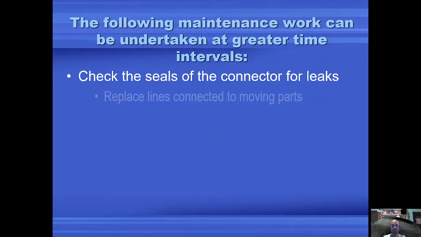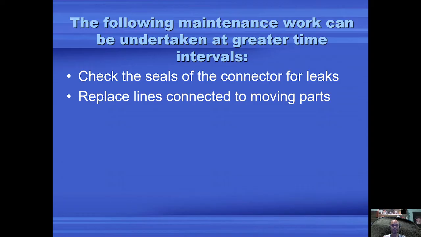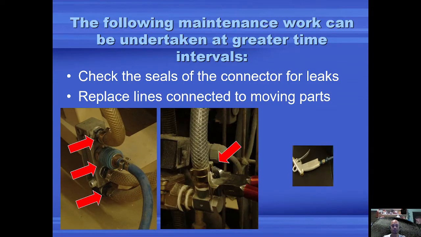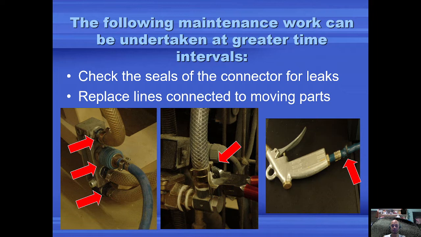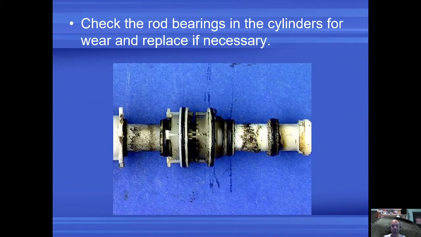Next, work can be done at greater time intervals. Check the seals of the connector for leaks. Replace lines connected to moving parts. Sometimes this depends on your visual inspection, or on the manual. If it says replace, then replace. Check the rod bearings and cylinders for wear and replace if necessary.